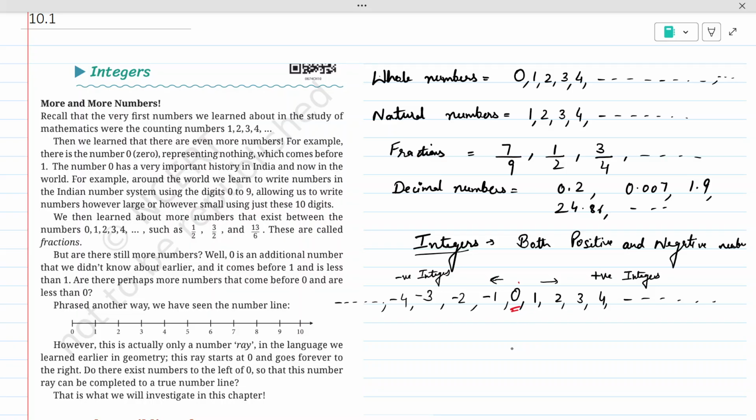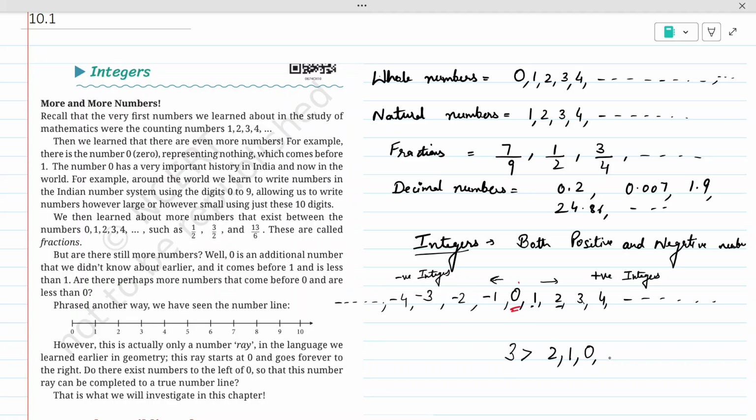If I consider 3, this is on the right side of 2, on the right side of 1, on the right side of 0. So 3 will always be greater than 2, it will always be greater than 1, it will always be greater than 0. Also, it will always be greater than all the negative integers.